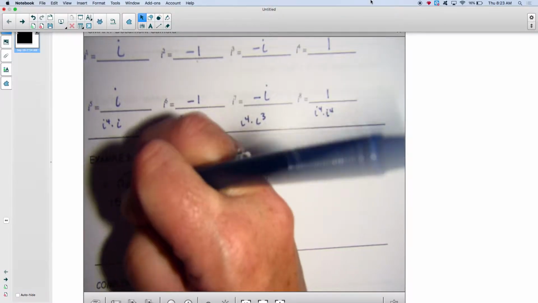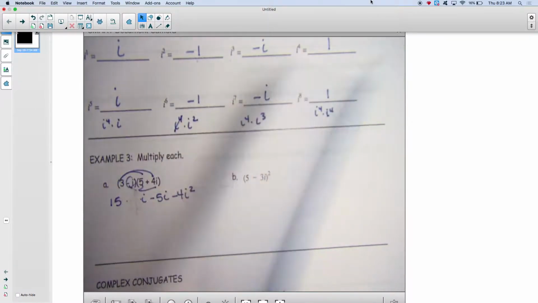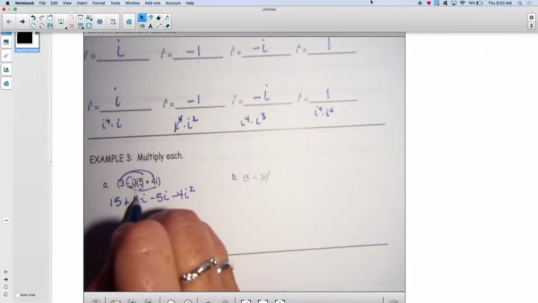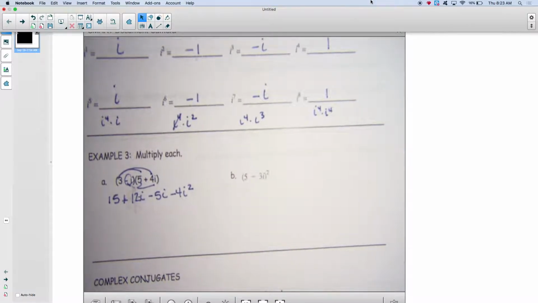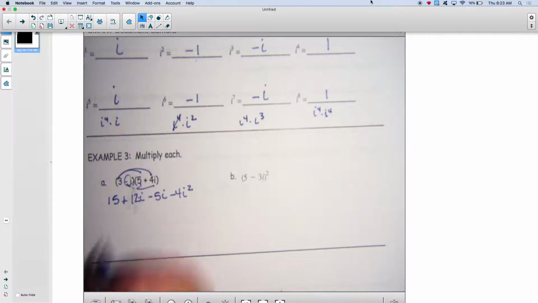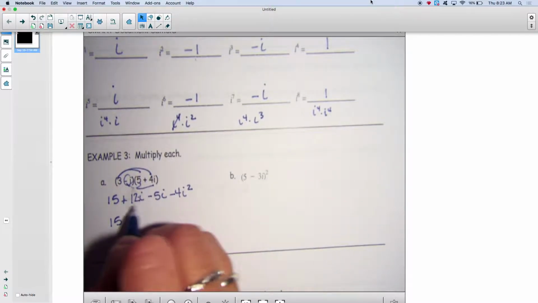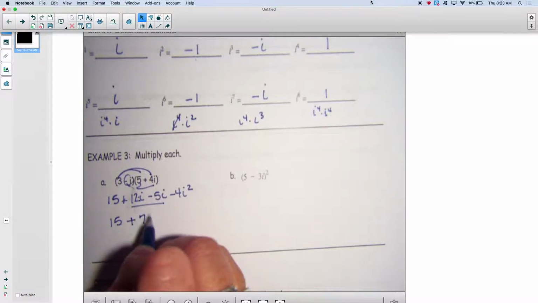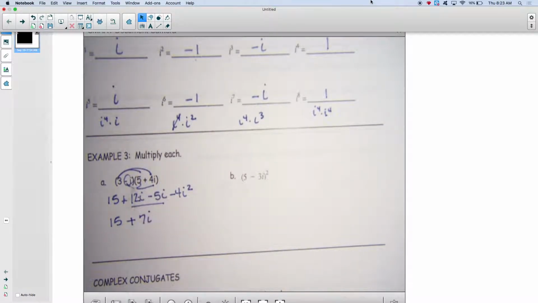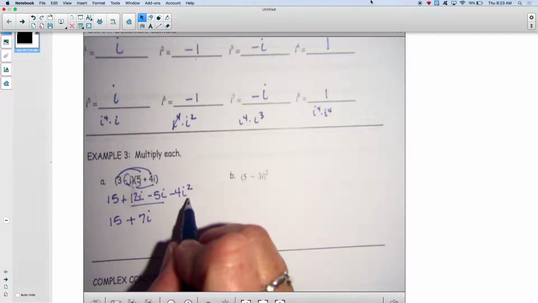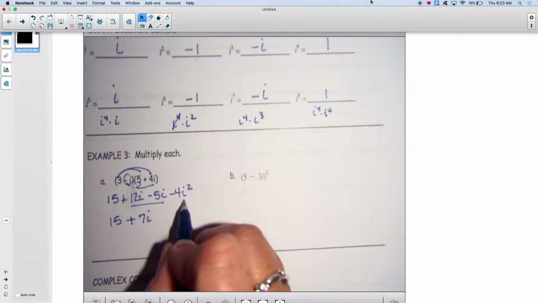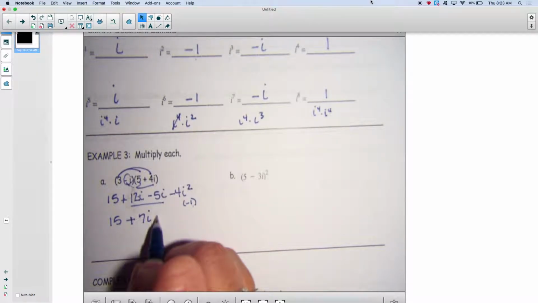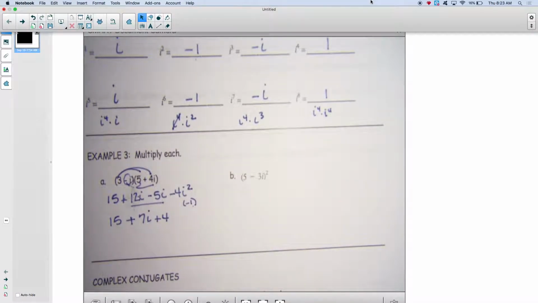It's 12. Combine these. 7i. And then what is i squared? Negative 1. So negative 1 times negative 4 is positive 4. So 19 plus 7i.